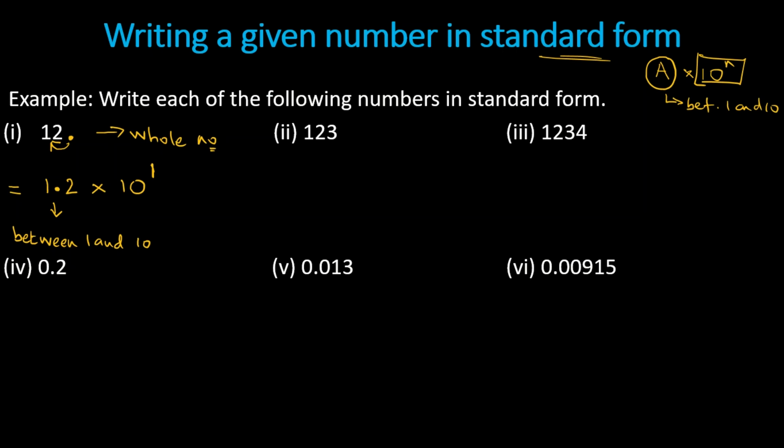Now the power will be positive or negative? It will be positive. Whenever you move the decimal to the left, the power is going to be positive. If you move the decimal to the right, the power is going to be negative. Just keep this in mind. So in standard form, 12 is simply 1.2 times 10 to the power of 1.